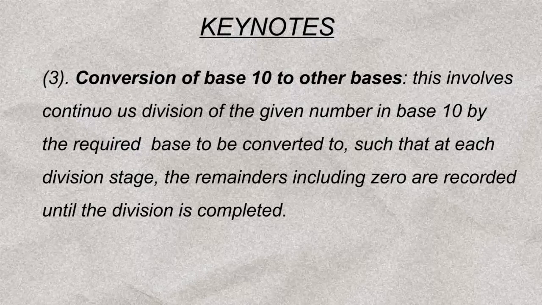It might be base 2, it might be base 3, such that at the division stage, the remainders, including the zeros, are recorded until the division is completed. To get your result, you arrange the remainders from the bottom to the top, which will give you the result of the conversion. Samples will be shown in our practical sample questions.